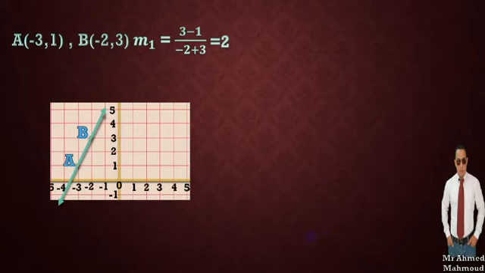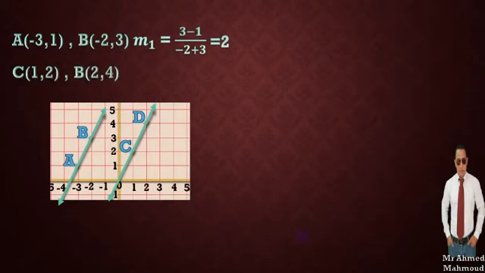Another example in the same figure, if we have a point C equals (1, 2) and another point D equals (2, 4), by connecting them we get a straight line like this.